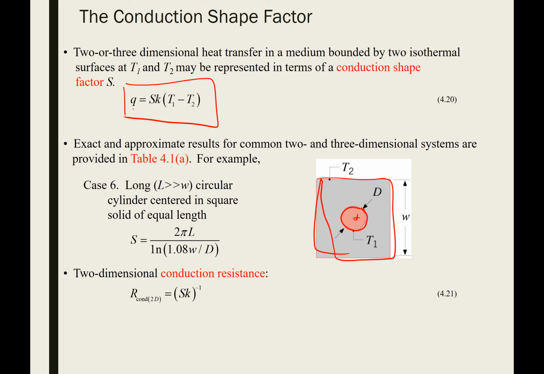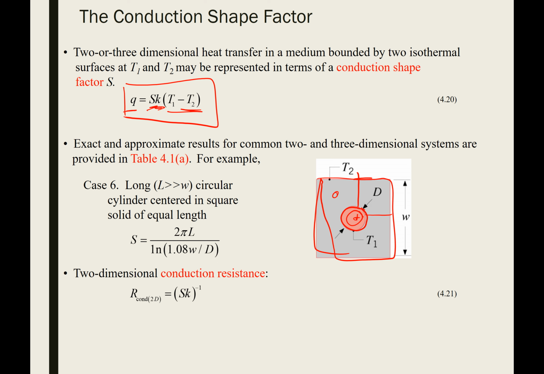This is basically saying that the flow of heat from shape 1 to shape 2, all the way to the surfaces of shape 2, can be written in this form. So it's S, where S is called the shape factor, times k, where k is the thermal conductivity of shape 2, multiplied by this temperature driving force.